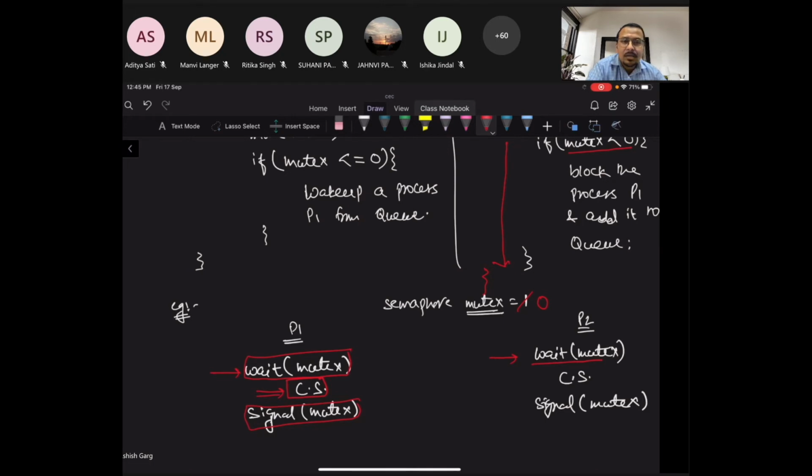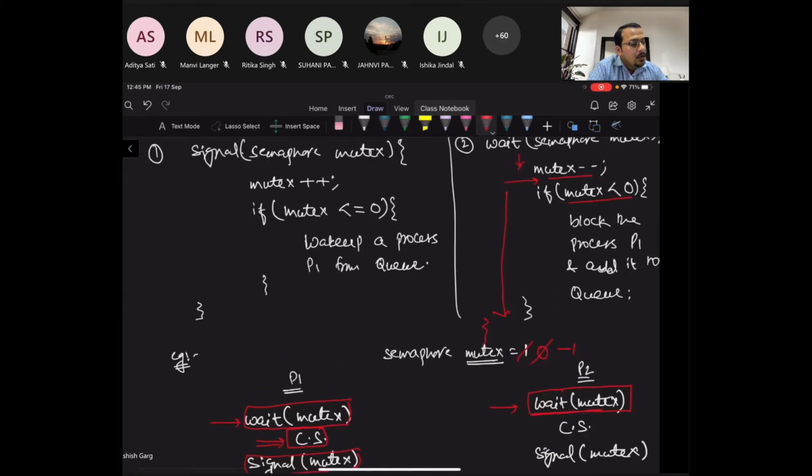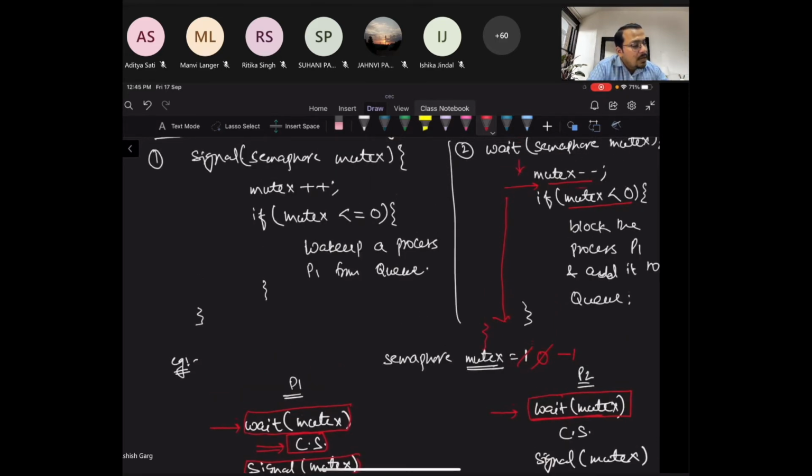And let's say the context switch occurs and I am here in wait mutex. It will become -1 because mutex will be decremented because of wait. Now since it is -1, which is less than 0, the condition becomes true, and inside the if block, the calling process, let's say PI, that is P2, is blocked and added to the queue.